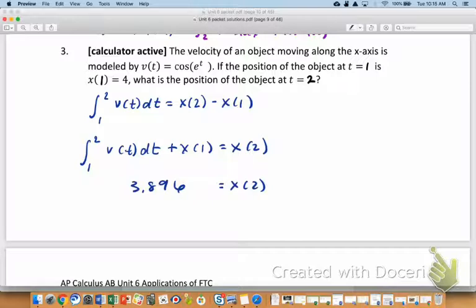So the antiderivative of v is x, and I use my FTC1, which is really just the net change theorem. Got everything plugged in and a little bit of algebra, and I definitely used Math 9 here. That's why I put calculator active. I don't think there's any way around that unless you know how to do power series, and even that would just be an approximation similar to what we have, but it'd be easier to use Math 9, so let's just do that. Okay, questions on 3?